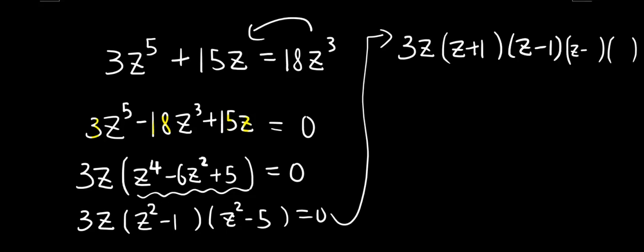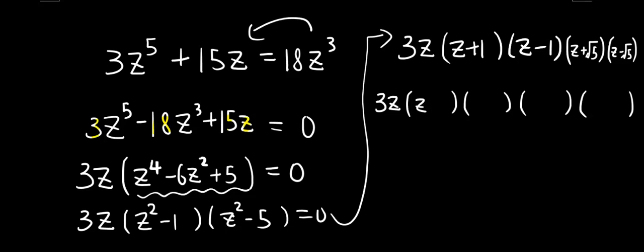And it is z plus square root of 5, and z minus square root of 5. Okay, it's too small. I'm going to copy it down one more time. Just make sure you can see it clearly. Okay, plus 1, minus 1, plus square root of 5, minus square root of 5.